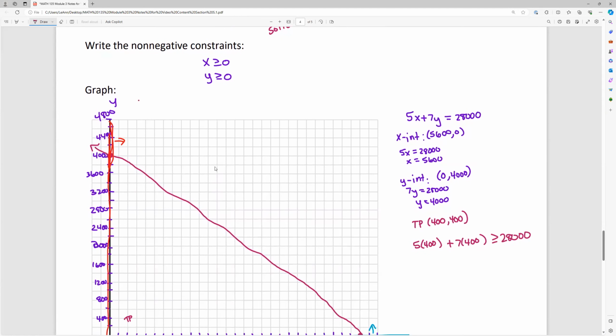Well, 5 times 400 is 2,000. And then 7 times 400 is 2,800. If you add those together, that is not going to be bigger than 28,000. So that test point I picked was false.